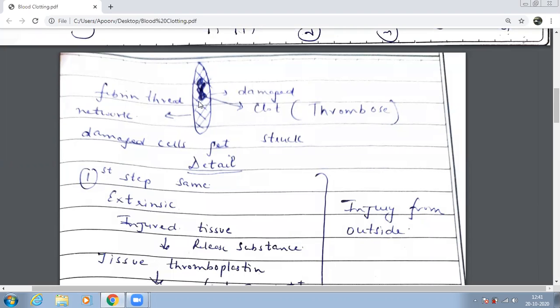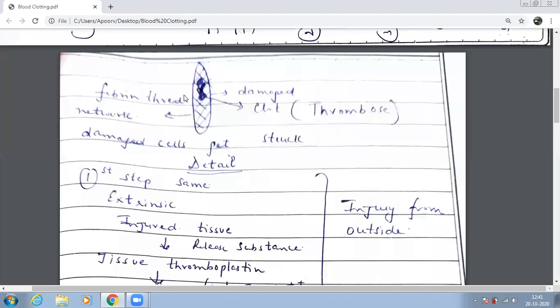You can think about a tea sieve. You know a sieve? When you sieve your tea after tea is prepared, you've seen a sieve, yes? So what happens, beta? Tea leaves get stuck in the small holes of the sieve or not? Yes, ma'am. Just imagine that.